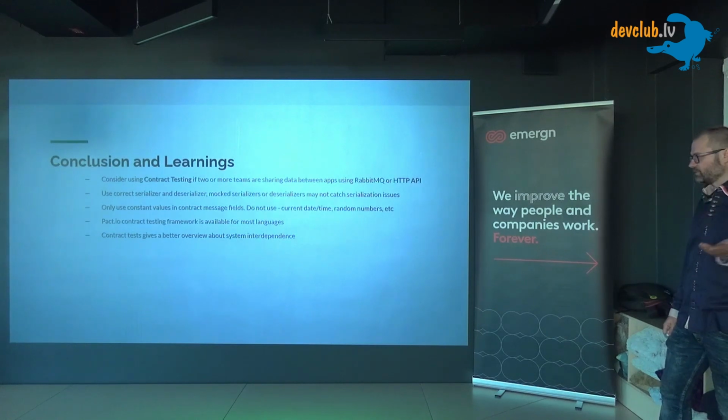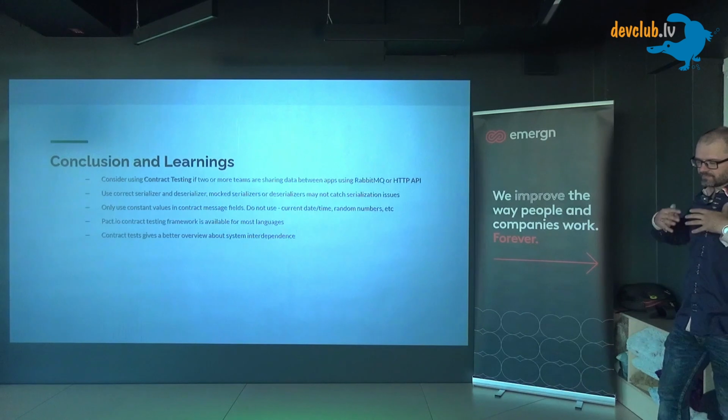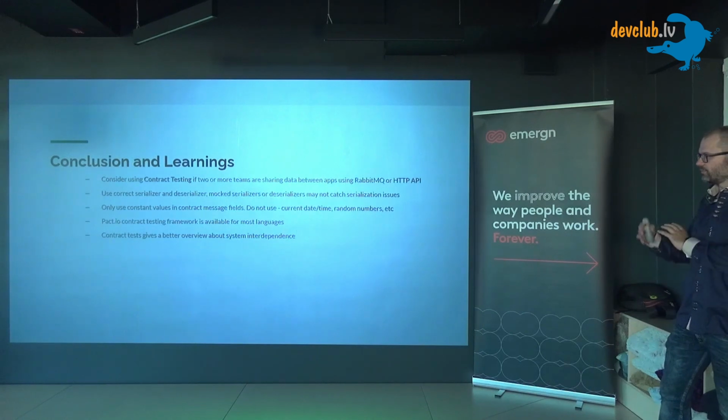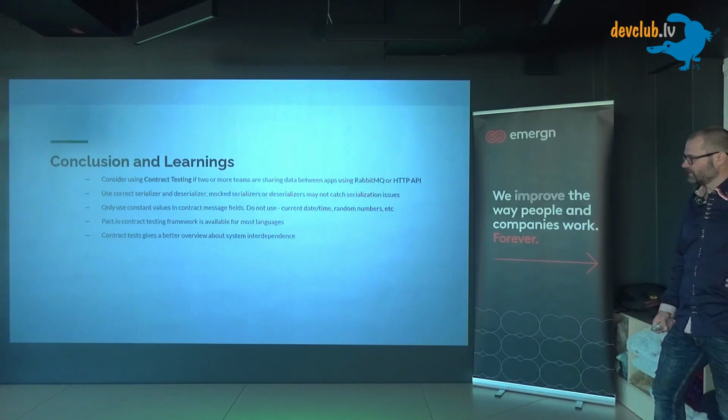In my opinion, contract tests give a better overview of the system interdependence. Especially in our case, when we have a single source of the events, we don't know who will use those events, how it's going to grow.